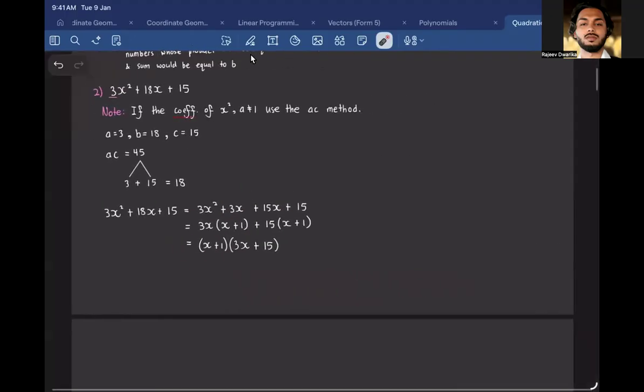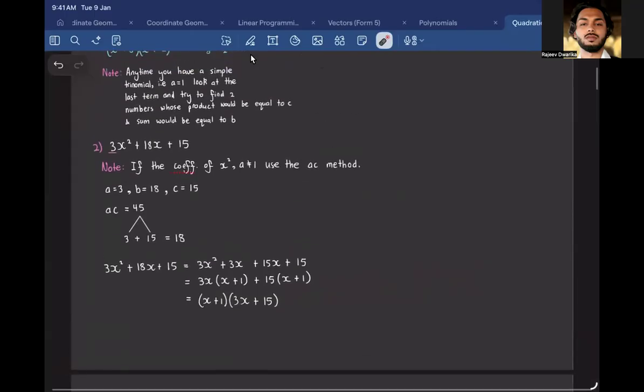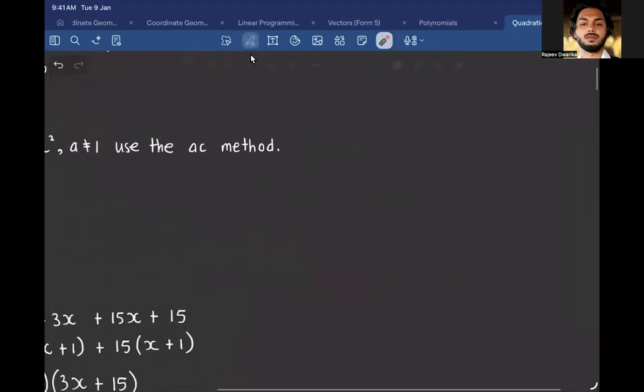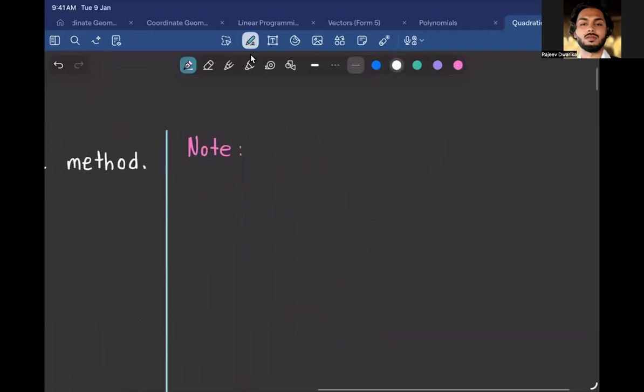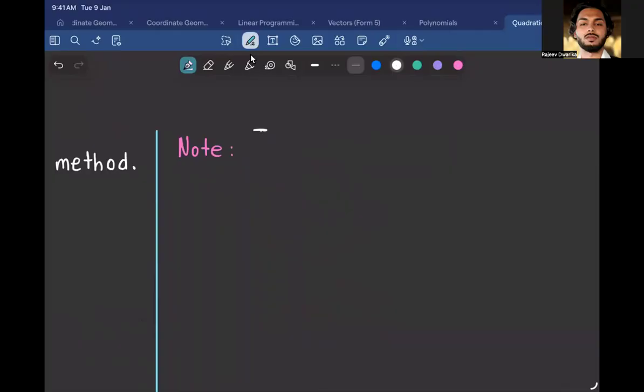Nice. Great. So let me just do an overview of the AC method. Right? So note, this is the AC method.